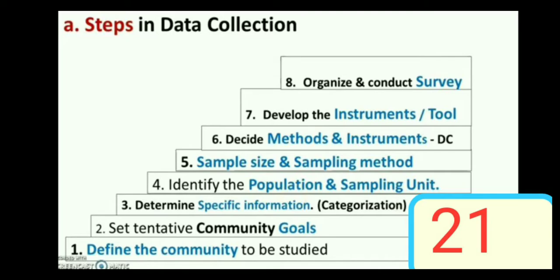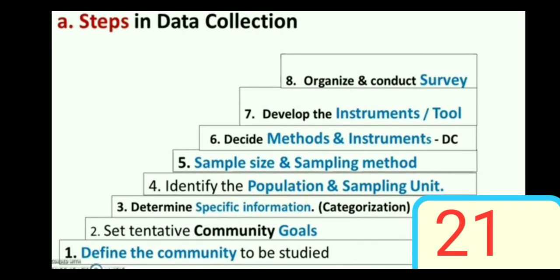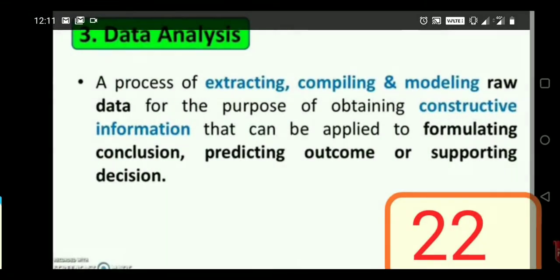The fourth is to identify the population and the sampling unit, and we should look at the sample size and population size, and which method we are using for taking the sample. The sixth is which methods and instruments we use for data collection, how to develop the tools, and organize the surveys.